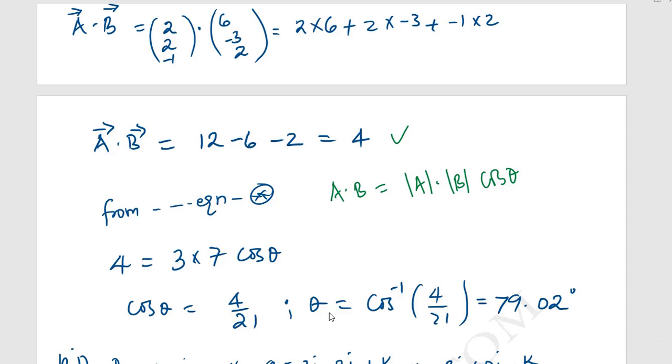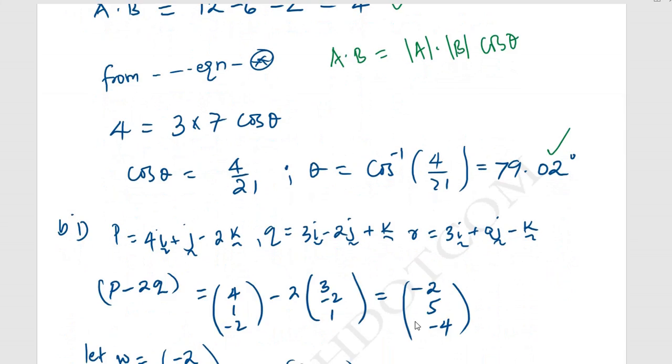That means theta is the cos inverse of 4 over 21, which gives you 79.02 degrees. So 79.02 degrees is the angle between the two vectors.